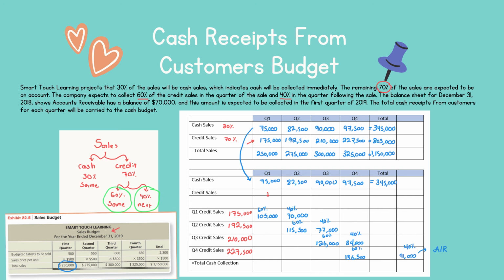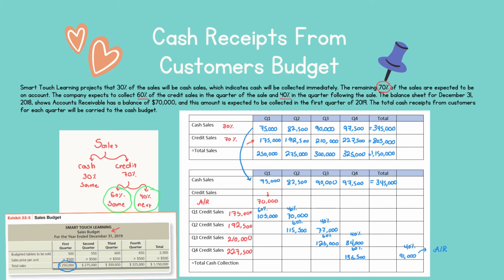Okay, so if I have the credit sales for quarter 4 2017, I will be able to find 40% of it. But if not, I can just take the accounts receivable balance from the balance sheet. Okay, if you look at your balance sheet for the accounts receivable, it is 70,000.